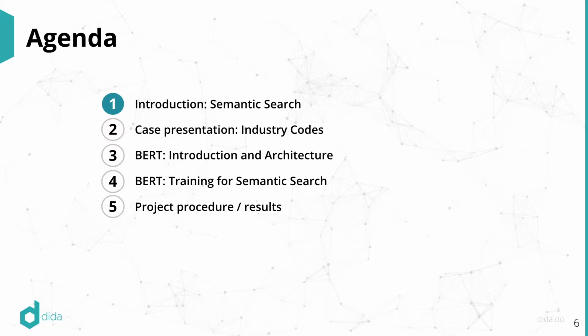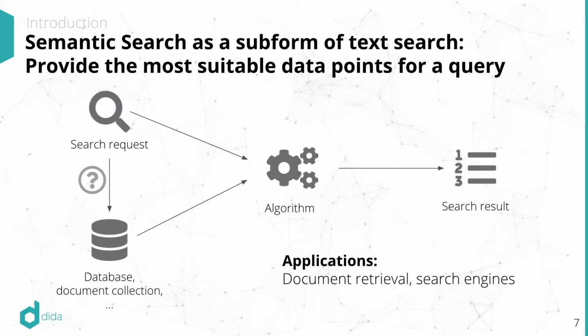So what is semantic search? Semantic search can be seen as a subform of text search, and the goal of every text search is to provide the most suitable data points for a query. So the usual setup is that we have some kind of search request and a database or document collection to be searched.